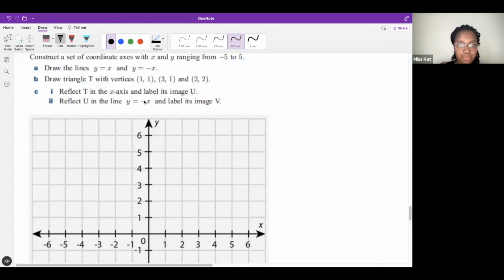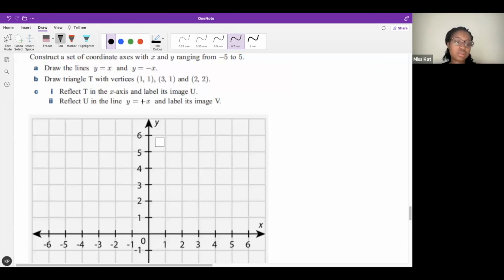Let us do positive x. Why? We haven't done the negative x one. Positive. Okay. So now we're going to do this exercise together. It says construct an axis with x and y ranging from -5 to 5.